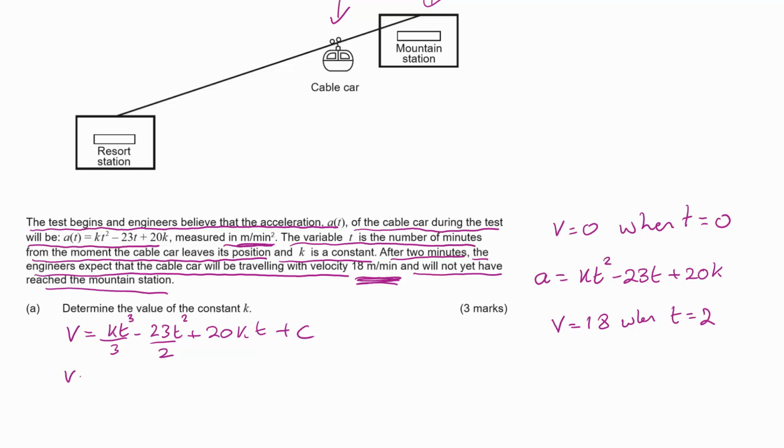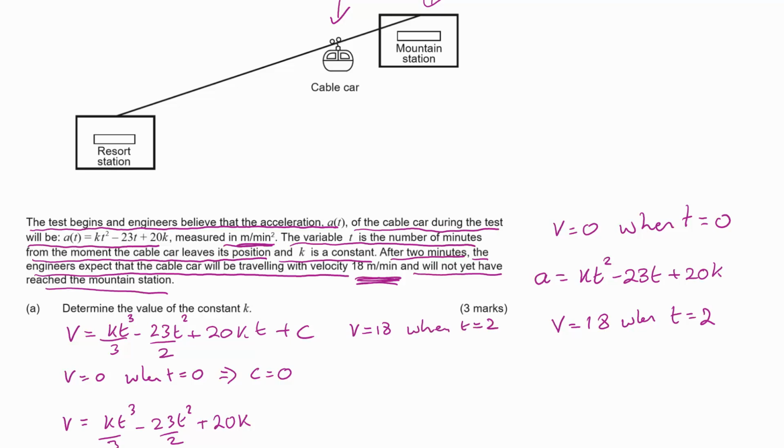Now, v is equal to 0 when t is equal to 0 will give us that c is equal to 0, and so v is going to be kt cubed over 3, take away 23t squared over 2, plus 20kt. But we also know that v is equal to 18 when t equals 2. And I nearly missed putting the t here.